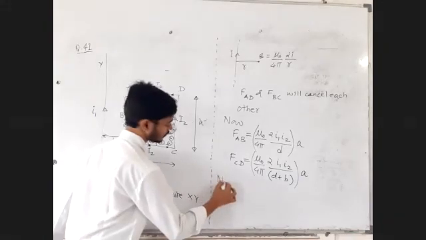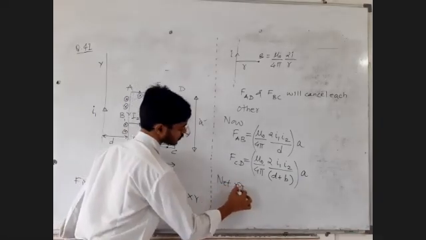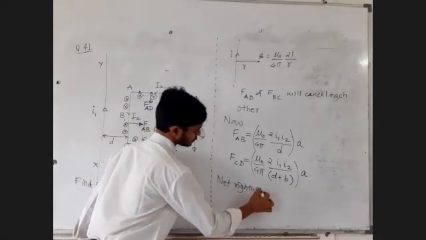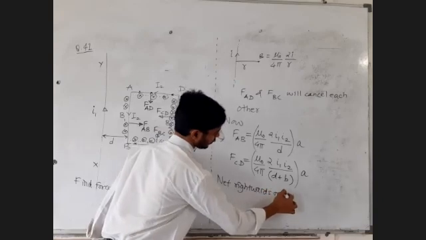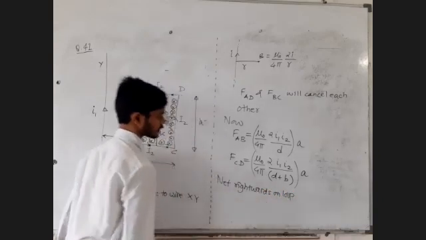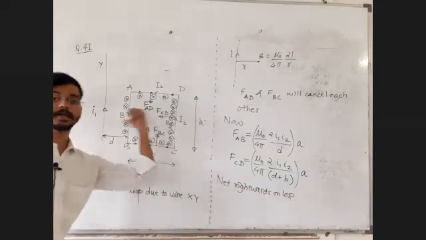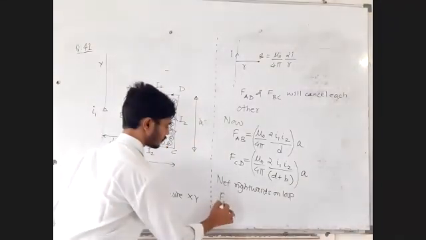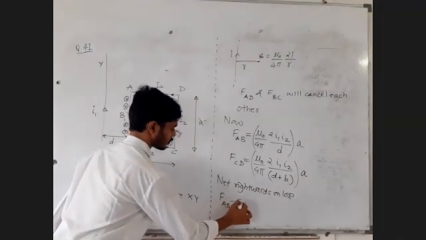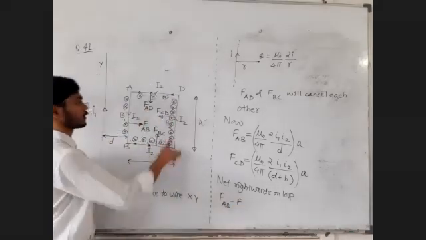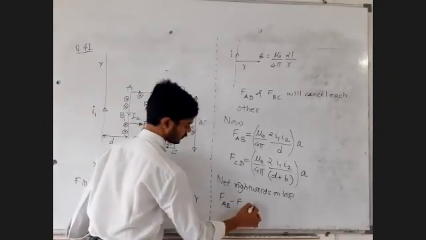So the net rightward force on the loop is all rightward minus all leftward, that is AB minus CD.